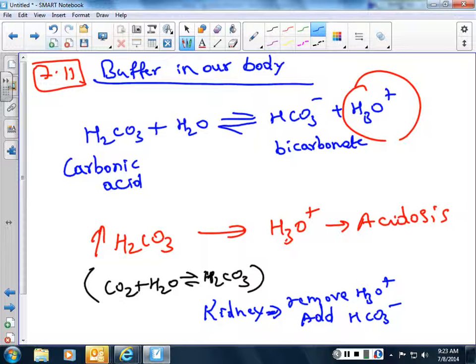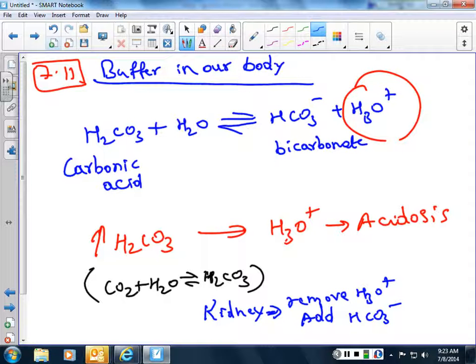But it's good because kidneys are like a filtering system. So what they do, they remove H3O plus and add bicarbonate during acidosis. And exactly the opposite happens when you hyperventilate. When you hyperventilate, you breathe faster, correct? So when you breathe faster, you remove more CO2.